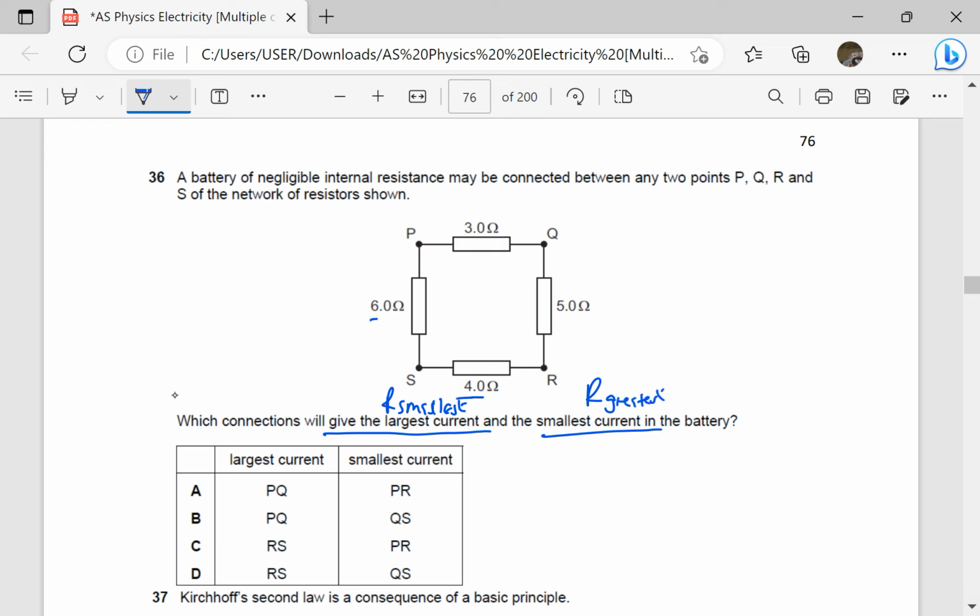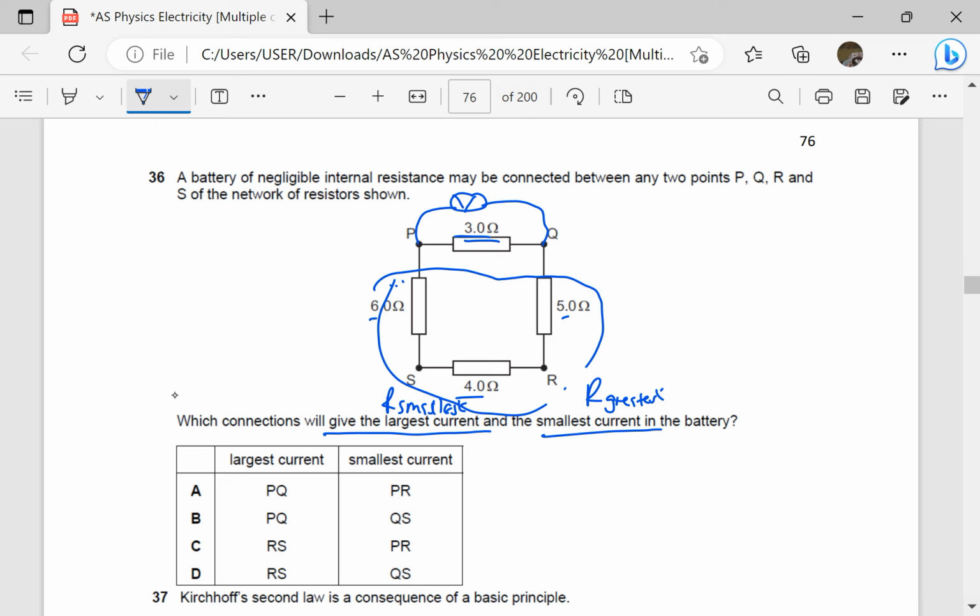Now we first of all look at these resistors. Which one is the smallest? It is 3. Therefore, if we connect a voltmeter across PQ, it means the total resistance will be less than 3, because these will be in series, and then the combination of these will be in parallel with 3, which will make the resistance smaller than 3. When resistors are in parallel, the total resistance is less than the resistance of the smallest resistor.